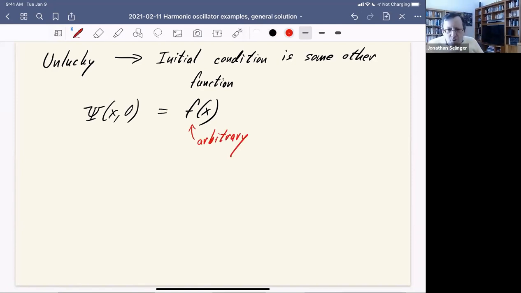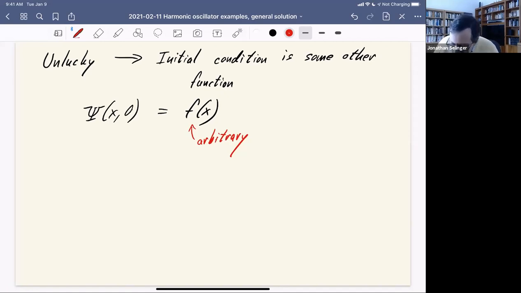You remember what we did for the particle in a box in that case. We took the arbitrary function and wrote it as a sum of sines. That's a Fourier series. Here, we need to do something like that again.